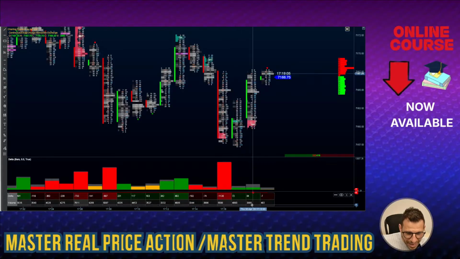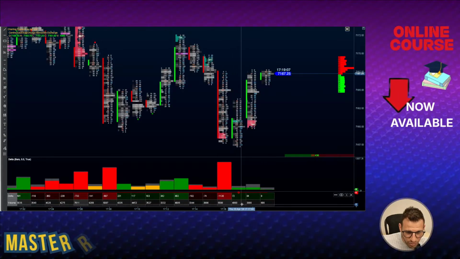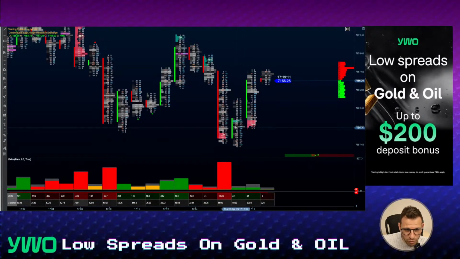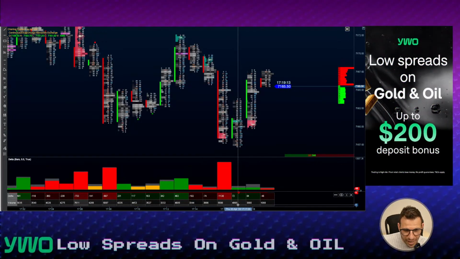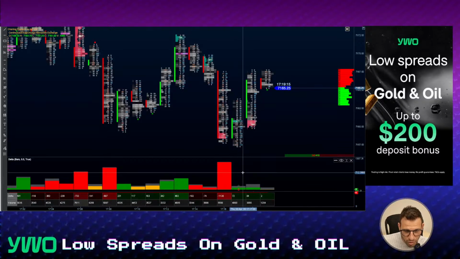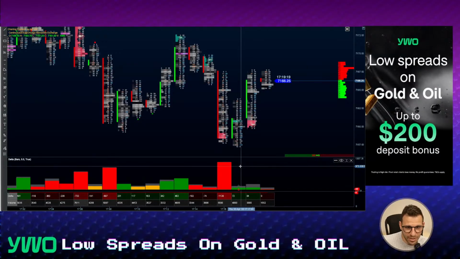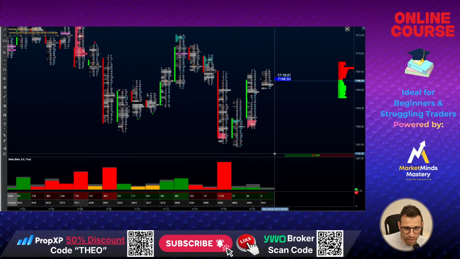So again, the volume now dropped. This upward move occurred under lower and lower volume. The price was going up, but the volume was dropping. So maybe the sellers are reloading somewhere here. We will see.